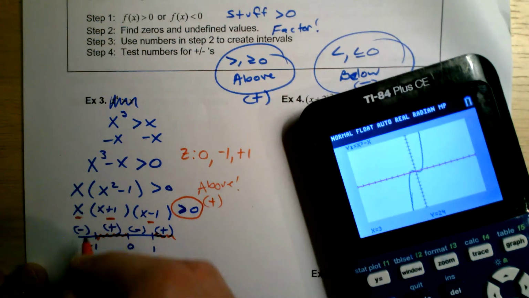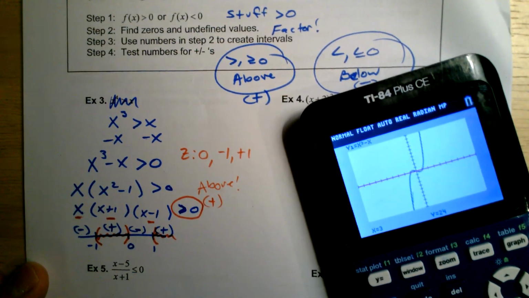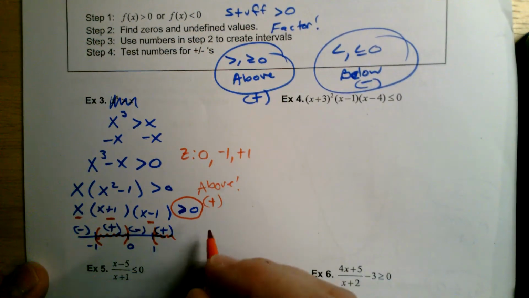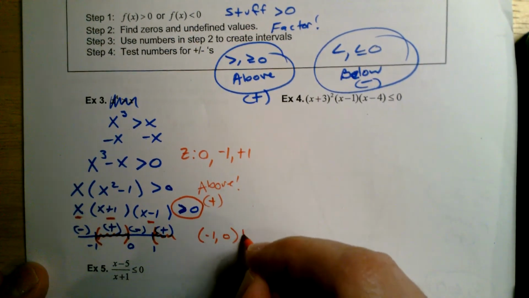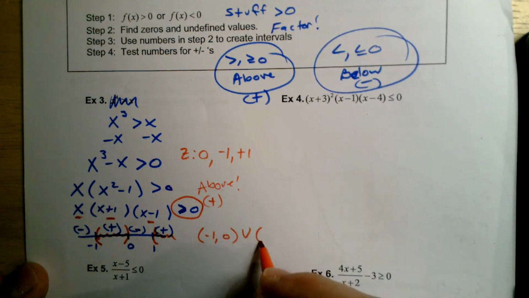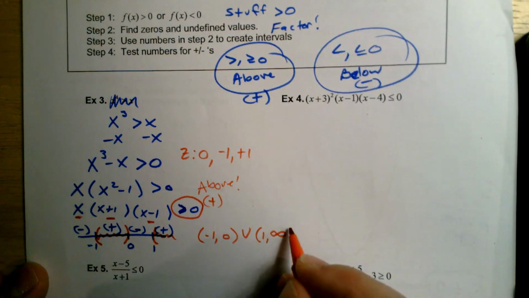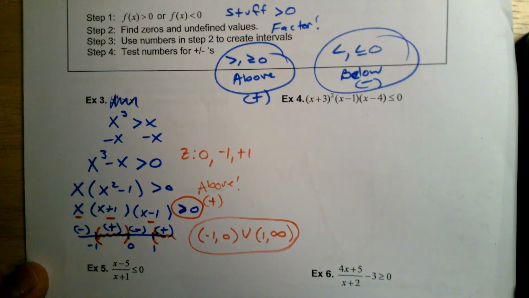And then from there, these are not equal to, so it's all parentheses. Okay. So this is how you do it algebraically. My final answer in interval notation would be -1 to 0, parentheses around those, union, or I don't see it until 1 to infinity. So final answer.